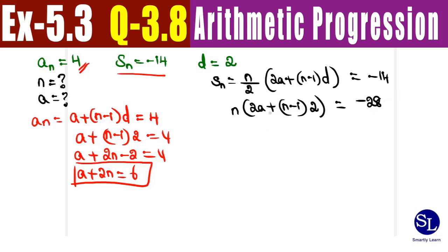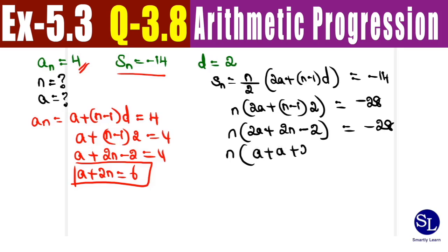Now let's simplify this. n into (2a plus (n minus 1) into 2). So I'm going to write this as 2n minus 2 is equal to minus 28. Now, here is the change that I'm going to do. I'm going to write this as n into 2a, I'm going to split this as a plus a plus 2n minus 2 is equal to minus 28.